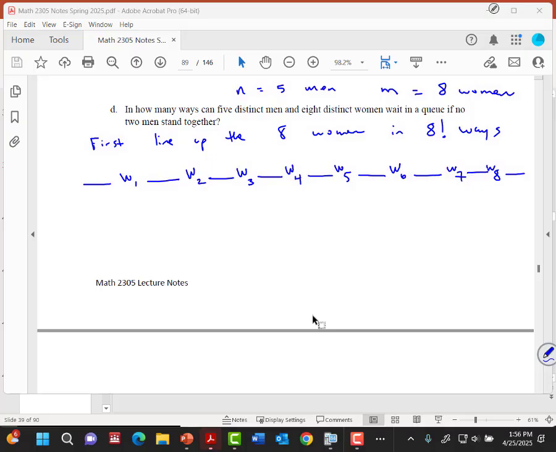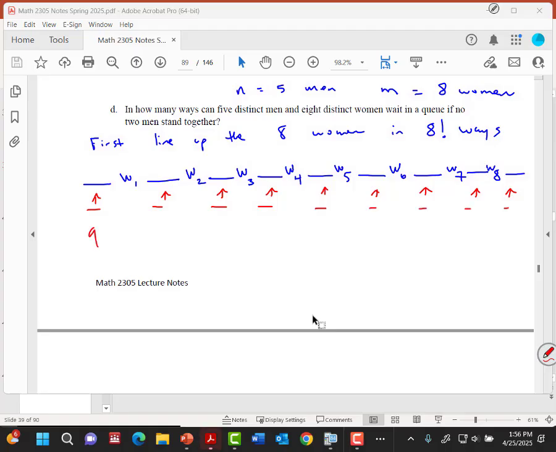But the point is since no 2 men can stand together, then I have to put a man somewhere in one of these. Let's count. 1, 2, 3, 4, 5, 6, 7, 8, 9.